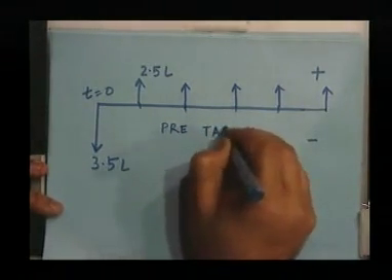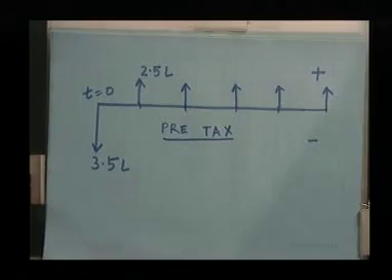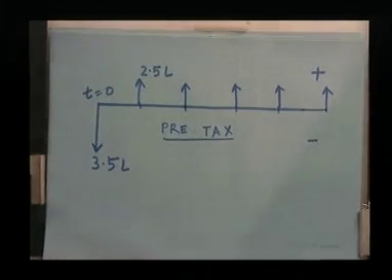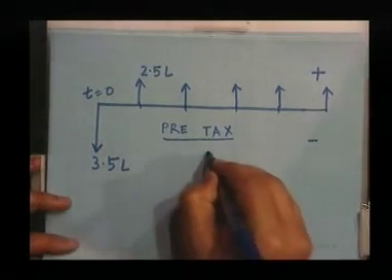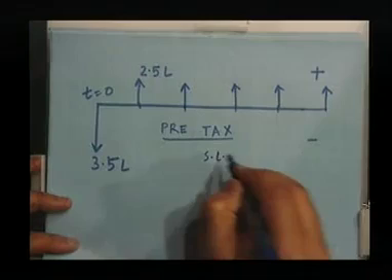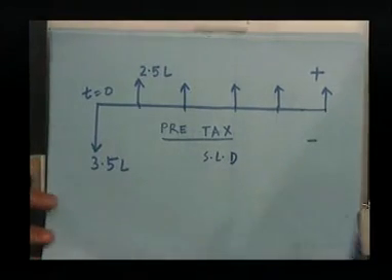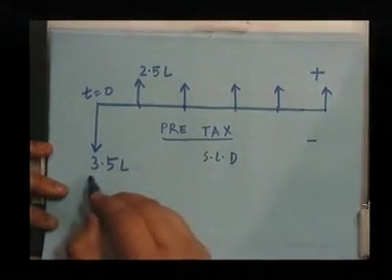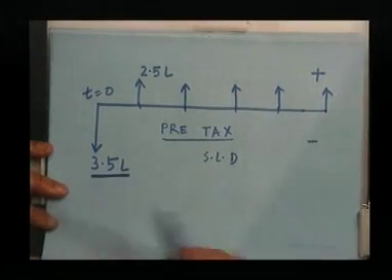Now, since we have to consider depreciation and tax consideration, I will be using a post-tax cash flow analysis, which will take care of my depreciation and tax consideration. Let us say in the first case I use the straight line method of depreciation, SLD, straight line depreciation. For this my initial cost is 3.5 lakhs.